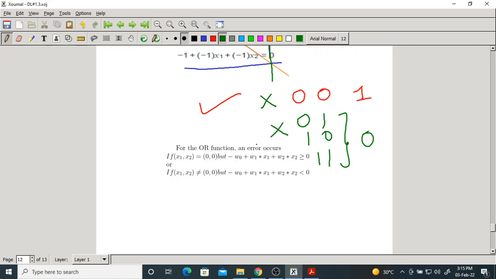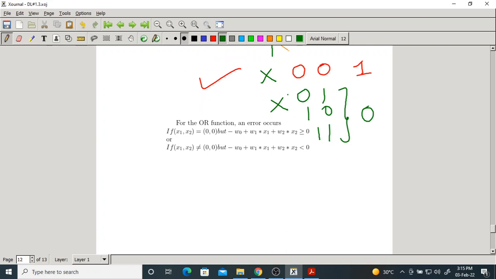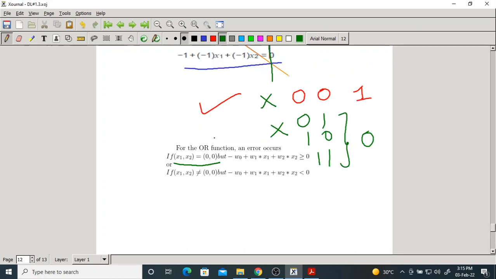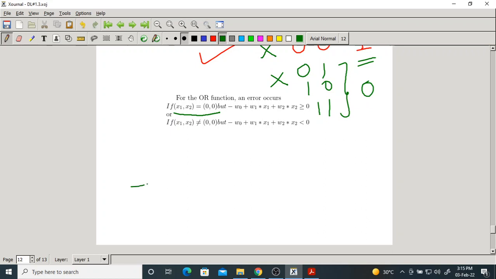Okay, what I want to say is, let us write this. If x1, x2 equal to 0, 0, but the output is 1. When the output is 1, please remember, what is the condition? W0 plus W1 x1 plus W2 x2 is greater than or equal to 0.